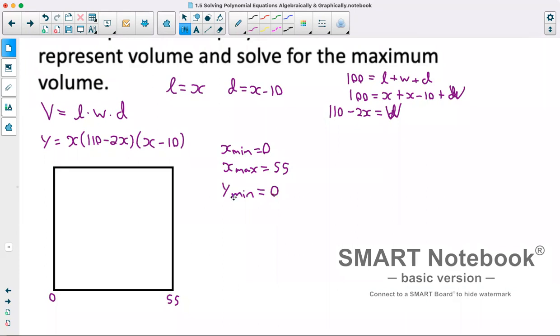So I'll start out at 0. My y max, I would probably set as, say, 100,000, because anytime we're doing a volume, we typically have fairly large values.